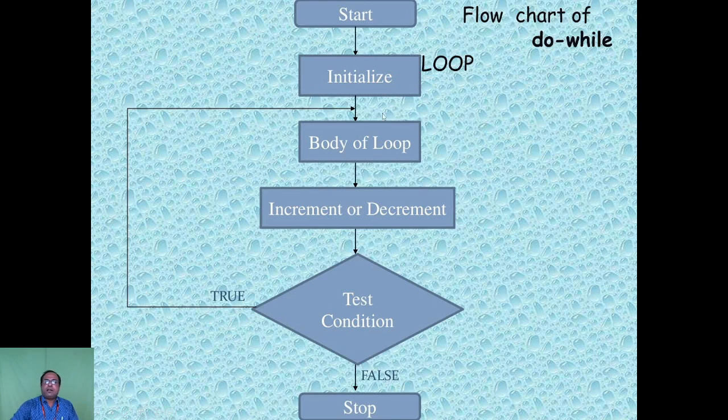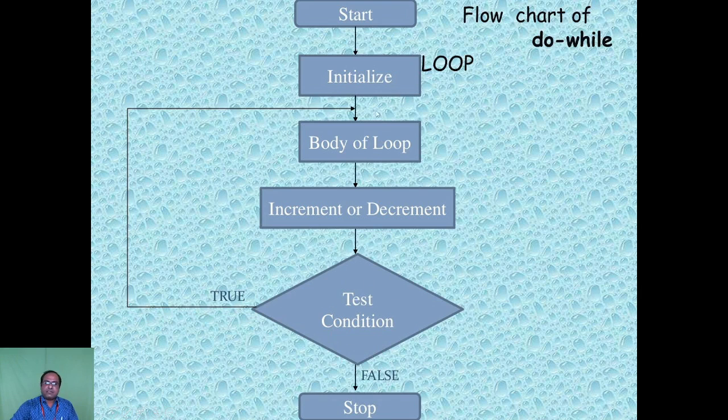Okay. So here is the flowchart for the do while statement. Here also we have four important parts. One is the initialize part, second is the body of the loop, next is increment or decrement, and finally the test condition. In this do while loop we have the test condition at the end of the body of the loop.